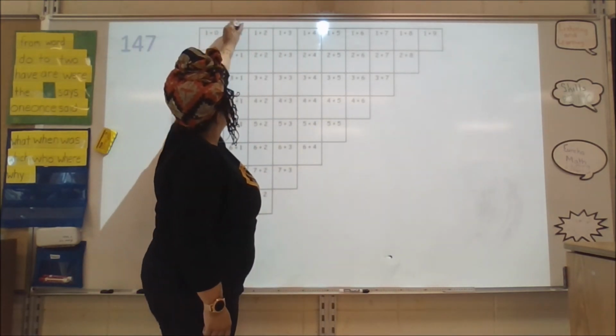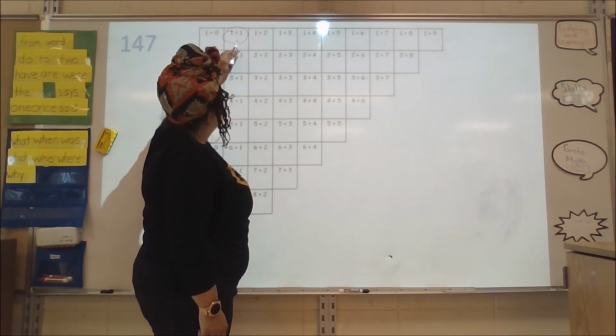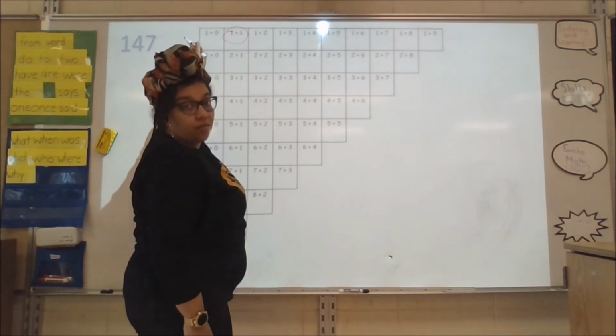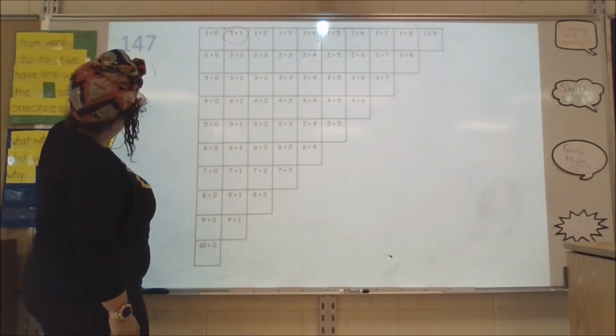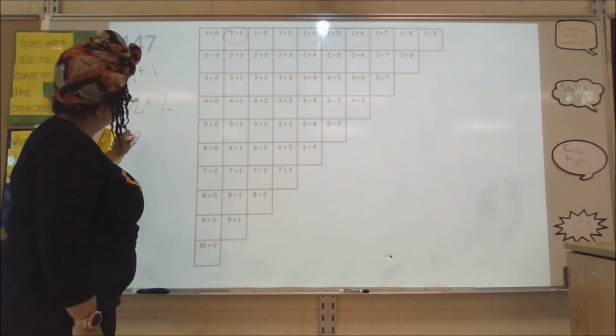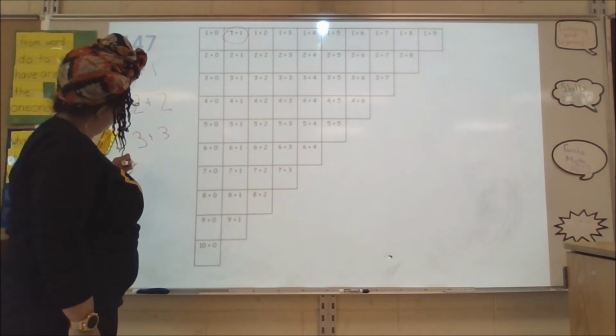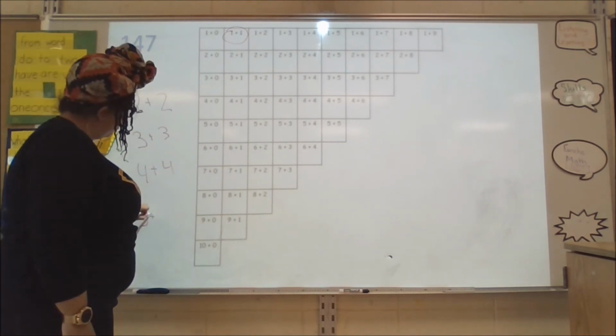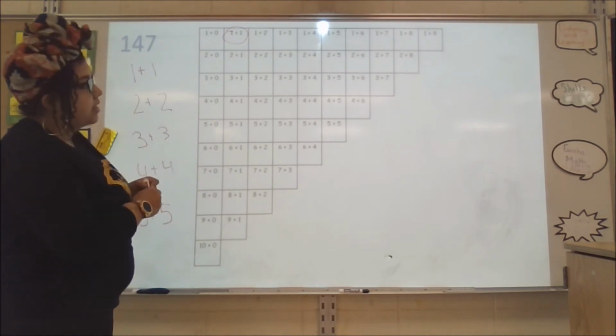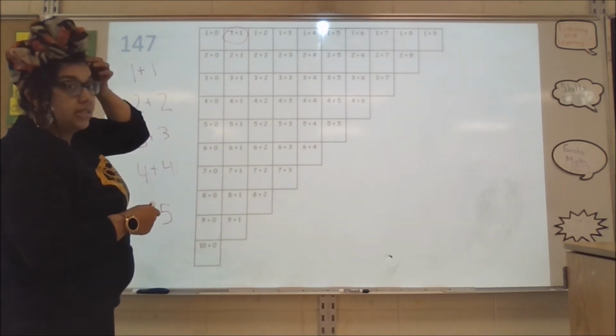So here we see 1 plus 1. Remember, we're looking for our doubles, so we're looking for 1 plus 1, 2 plus 2, 3 plus 3, 4 plus 4, and 5 plus 5. This particular addition chart only goes up to 10.